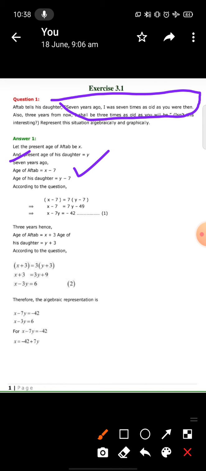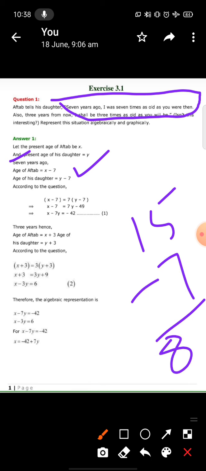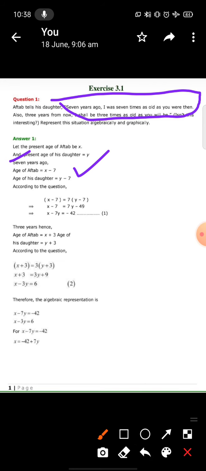Suppose your present age is 15, and I ask how old you were 7 years ago. You subtract 7 from 15, that means 8. That means you can say that 7 years ago my age was 8 years. That is what we are doing here also.